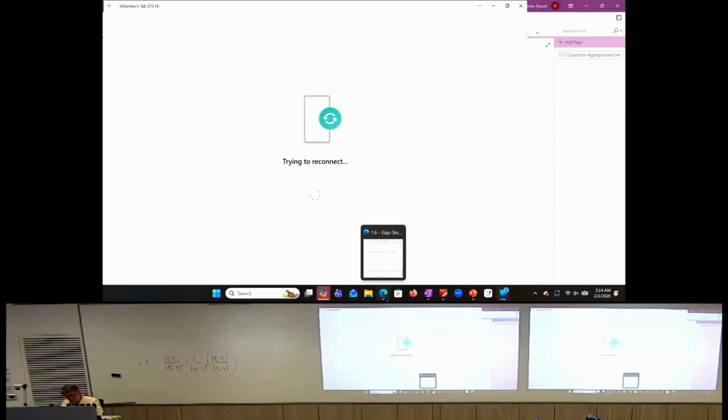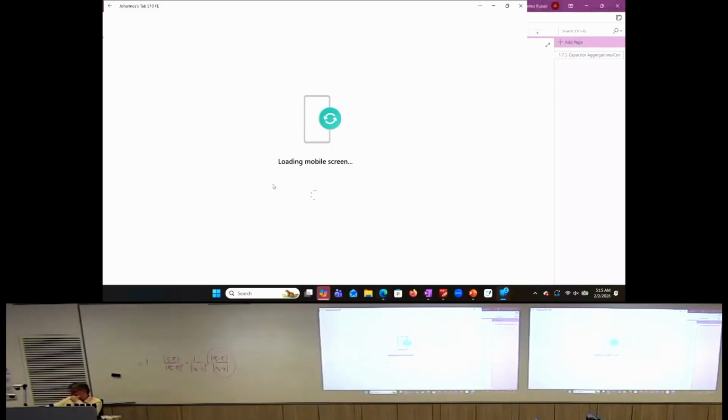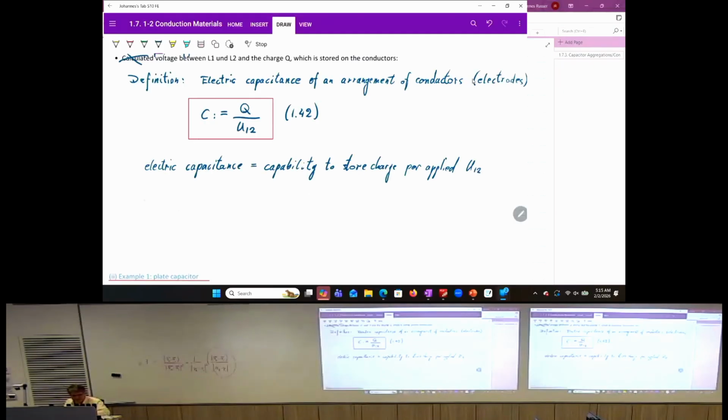The capacitance describes the capability to store charge per applied voltage. And important to notice, this capacitance does not depend on Q and does not depend on the voltage you apply either. It is just dependent on the geometry.